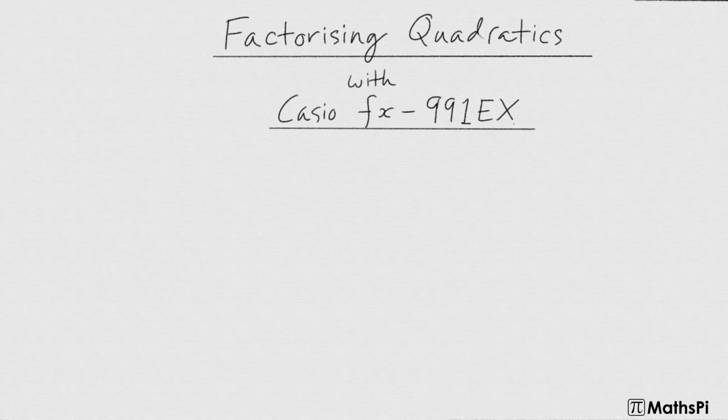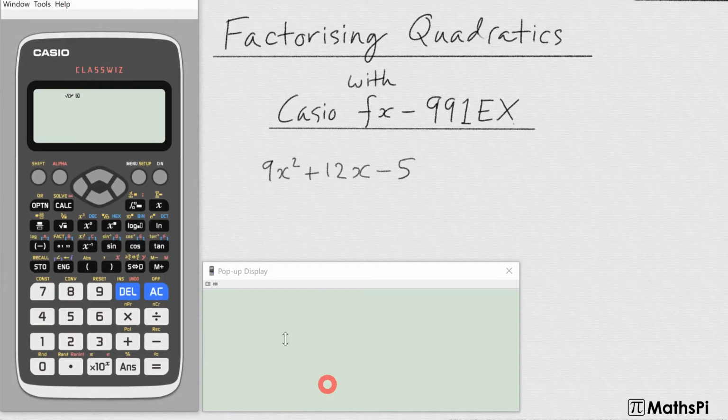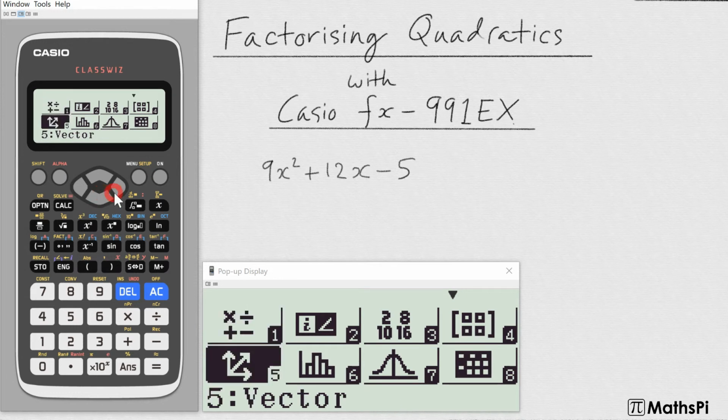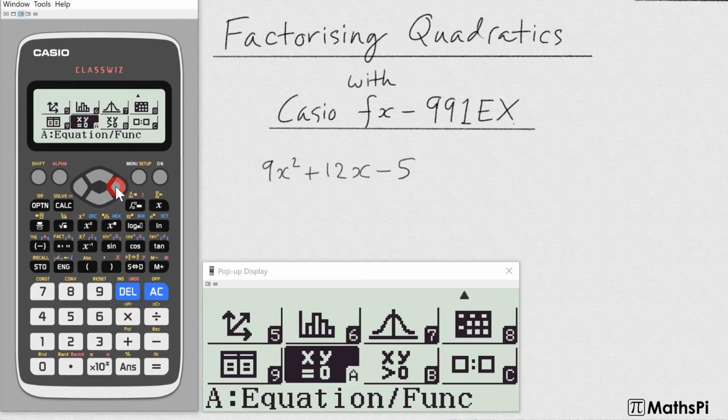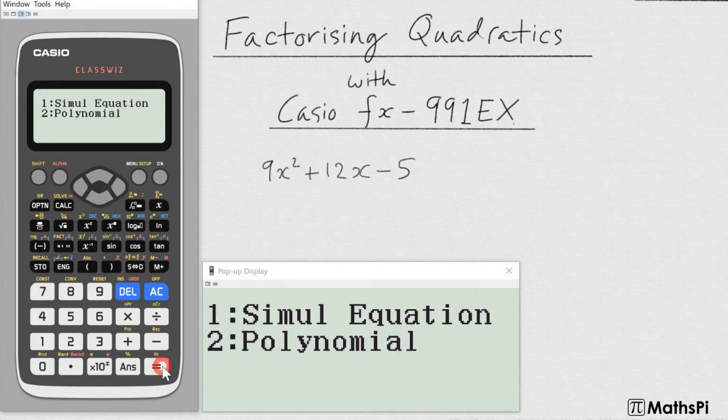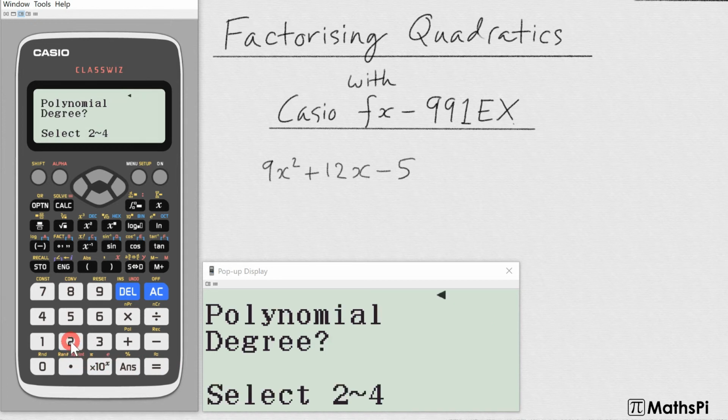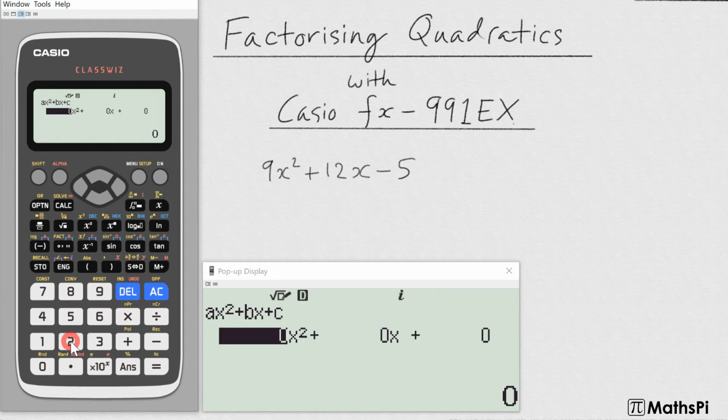Okay, so let's do one more example. Let's take 9x squared plus 12x minus 5. We're just going to go through the whole process. So taking the calculator again, for this you'll want to go through menu, go down to A, equation function, press equals, 2 for polynomial and 2 for quadratics.